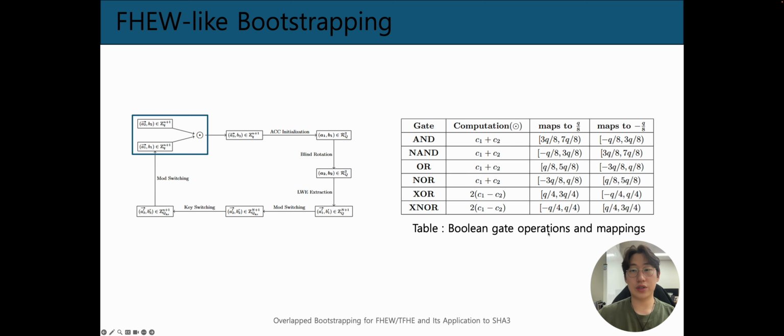And the ODOT operation has distinct definitions depending on the gate operation being executed. One important point to note is that the XOR and XNOR gate operations introduce additional noise due to their specific definition of the ODOT operation. Unlike other operations, they require scalar multiplication after subtracting the ciphertext. And on the right side of the table, a mapping function is illustrated, which we will revisit later.